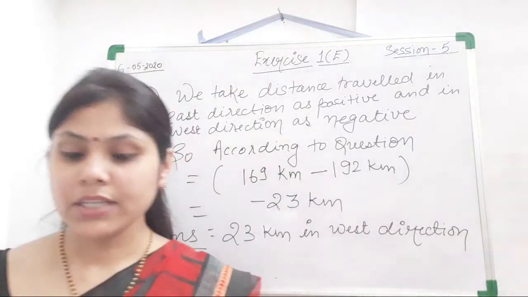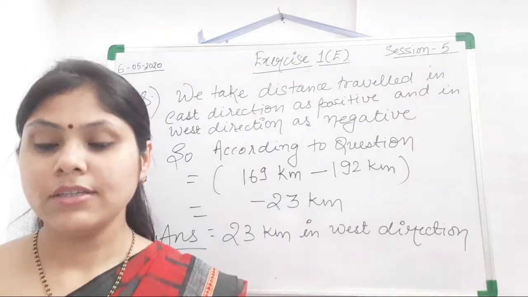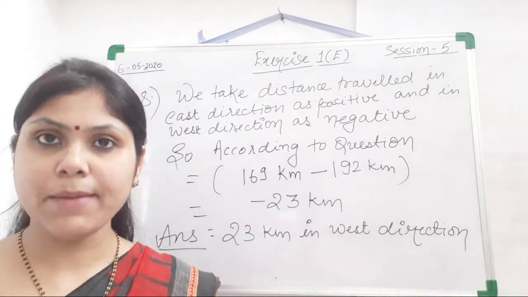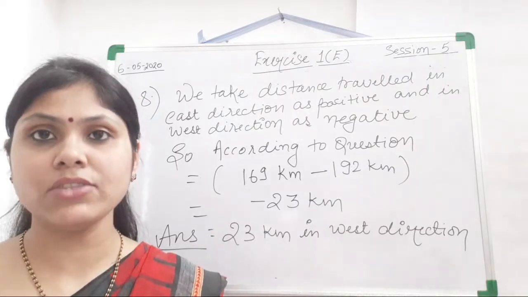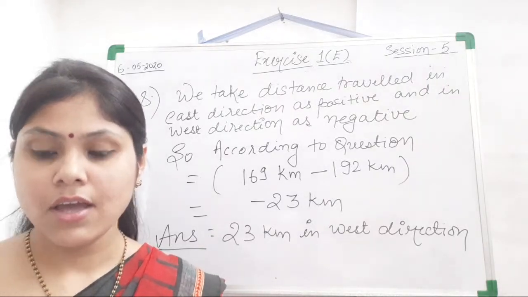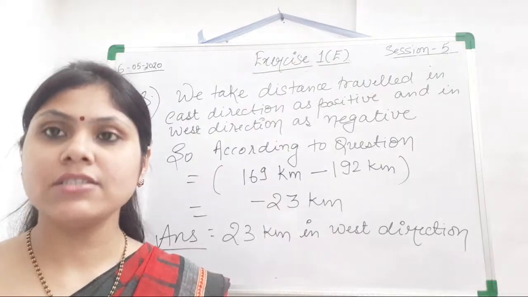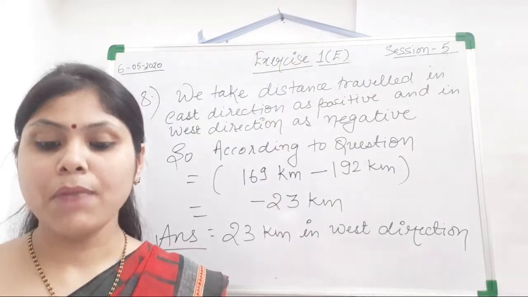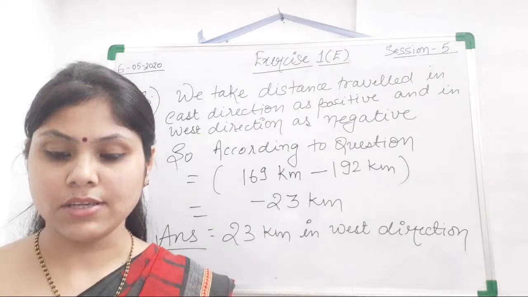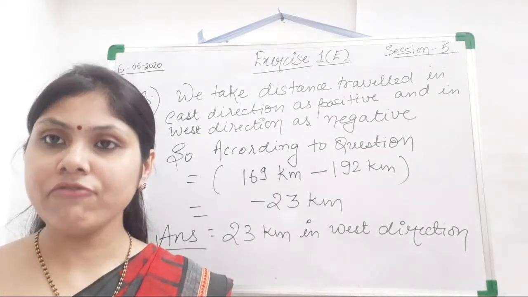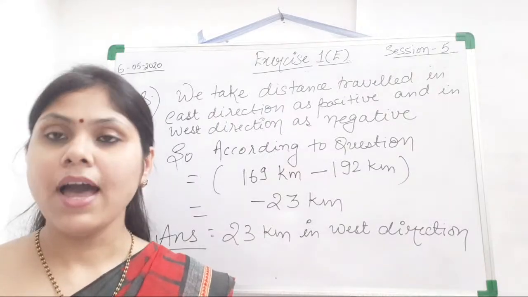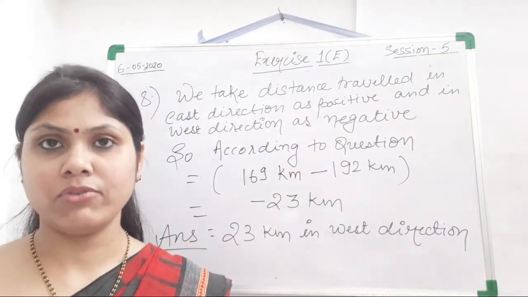Again I am reading. During a month, the average day temperature of a desert region was 43 degrees Celsius and the average night temperature was minus 6 degrees Celsius. Find the difference between the average day temperature and average night temperature.